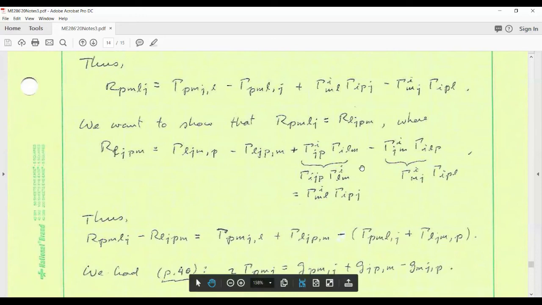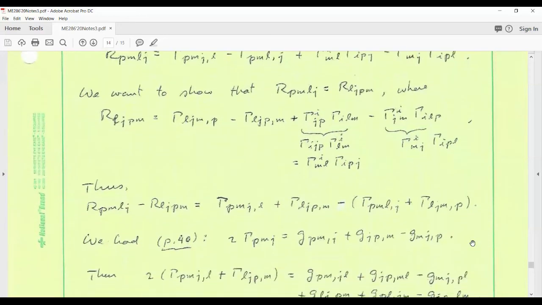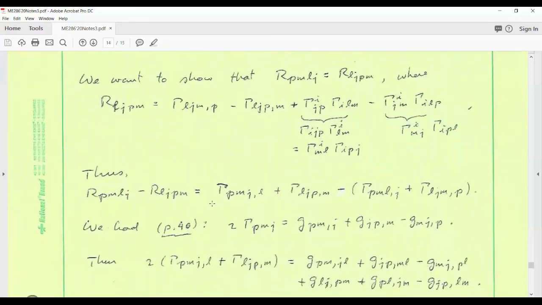All the other gammas disappear because I have IML, IPJ, that's the same as this, minus IMJ, IPL, subtract the negative, I add that, and these terms disappear. So I have some simplification. I have not yet proved that this is 0 as I wish.